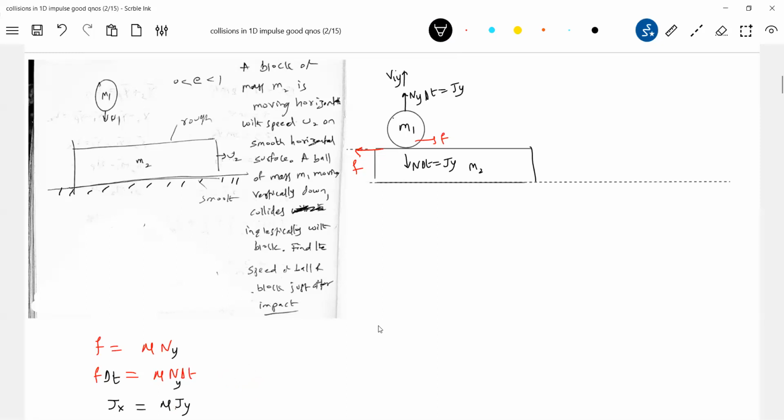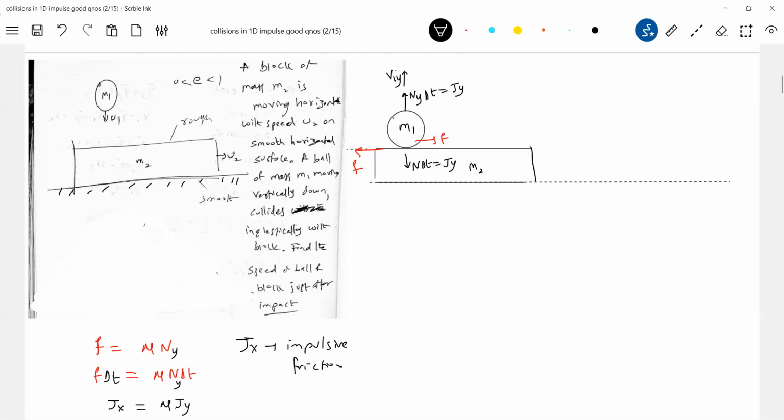This is the impulse due to normal contact, Jy. They'll be related like this. F into delta t is what? Impulsive friction. So what is Jx? Impulsive friction. Even friction can set up impulse, since any force acting for a small duration of time can. The impulsive friction will be very high, because friction depends on N, so F delta t equals mu N delta t, that is, Jx equals mu into Jy.